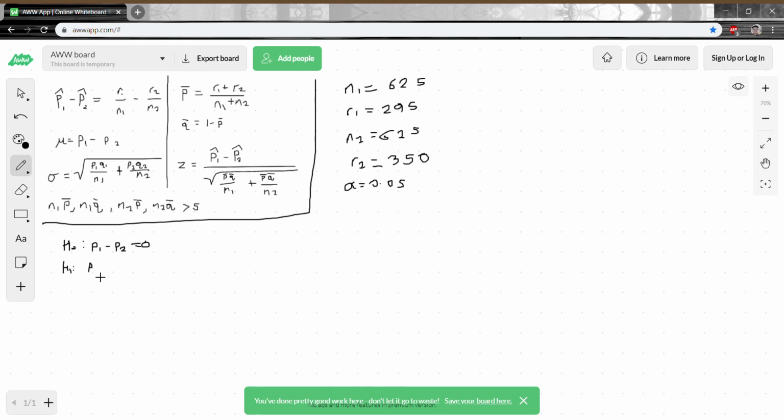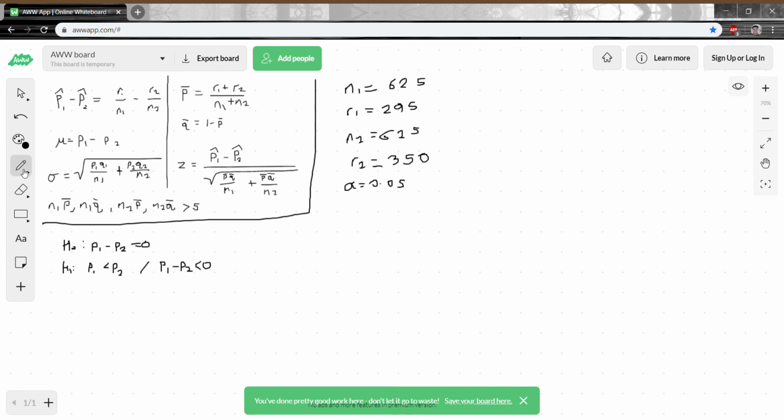That can be written as P1 less than P2, but it could also be written as P1 minus P2 less than 0. Written this way, we get a better understanding of what type of test we're running. Since we are looking for less than 0, this is going to be a left-tailed test.